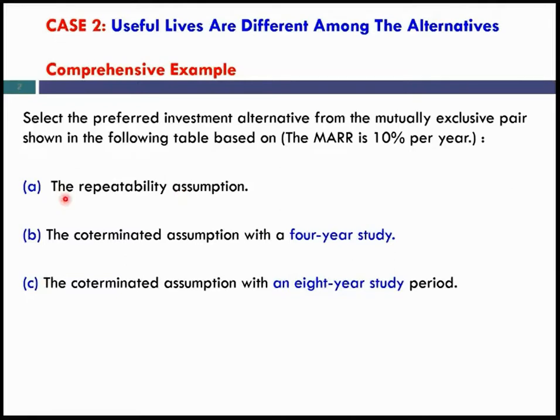We will first solve the question assuming the repeatability to be valid. In the second one, we will use the coterminated assumption with a 4-year study period. And in the last part, we will solve the same example, assuming cotermination and with an 8-year study period.